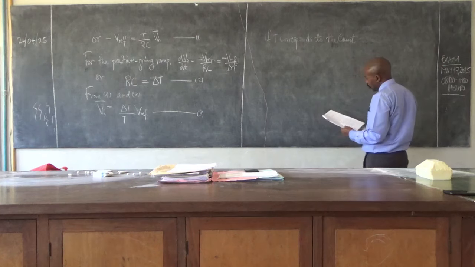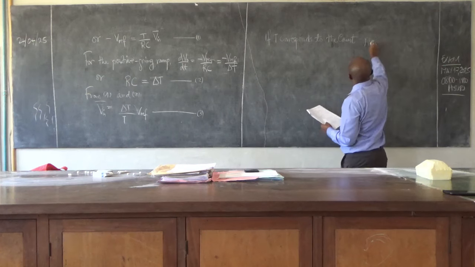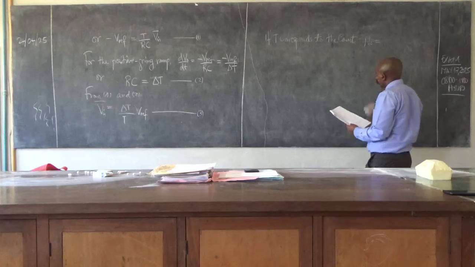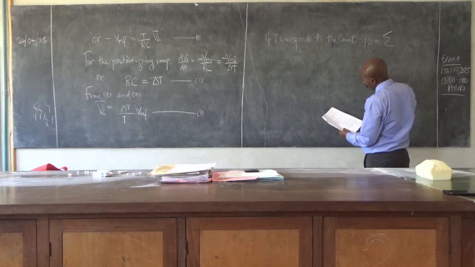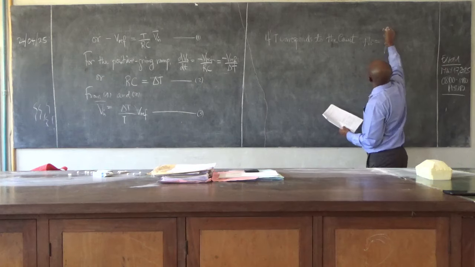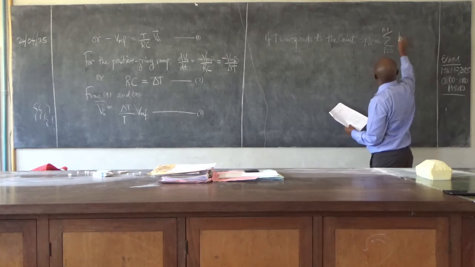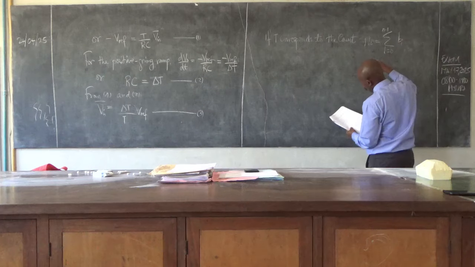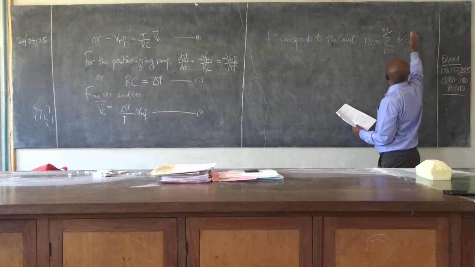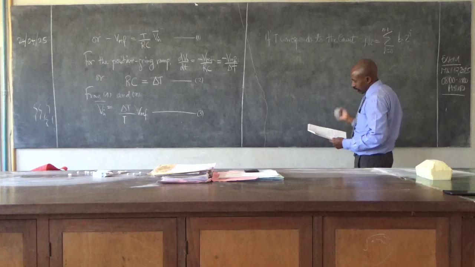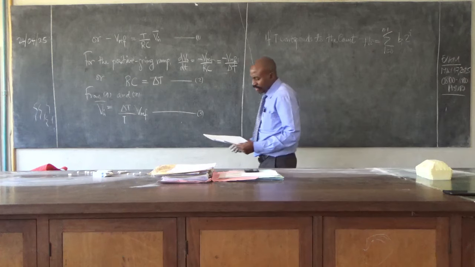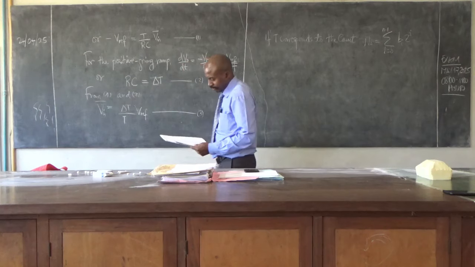Count, and this count number equals the summation from i equals 0 up to n minus 1 of V_i 2 to the power i. Bit i, or is it i bit?